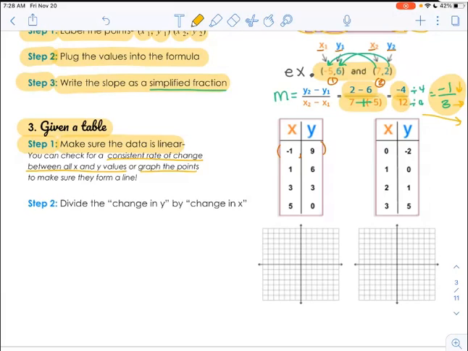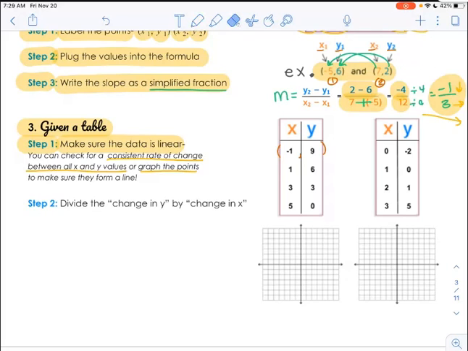Sometimes we're not just going to be asked to find the slope or the rate of change given a table, but we're actually going to have to identify if the data is linear. Linear meaning that it forms a line. So what we do is we check the change in x and we check the change in y, and then we're looking for a consistent rate of change. So let's walk through what that looks like.